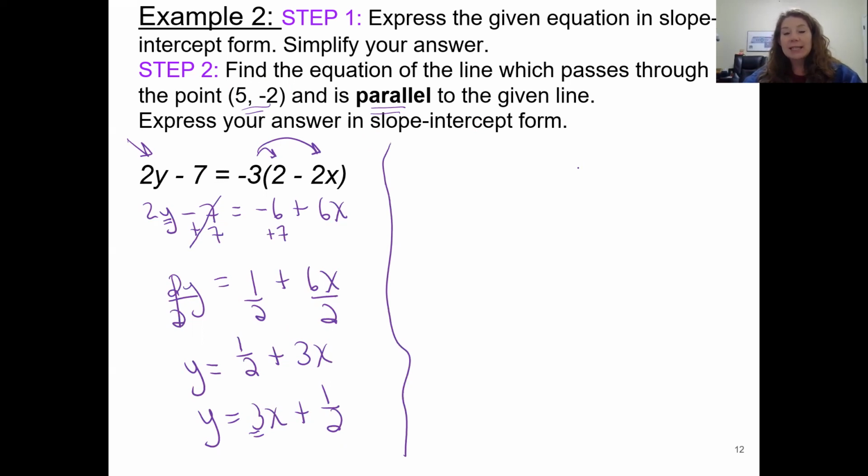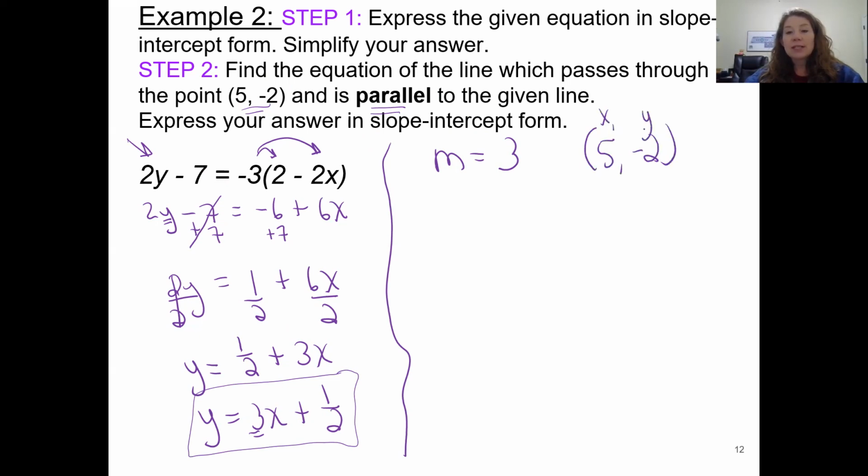I want a line that's parallel to this line that goes through the point (5, -2) and has a slope of 3, right? So I have a slope and a point. I'm going to say this is x1 and this is y1, and I'm going to use the formula y minus y1 is equal to m times x minus x1.